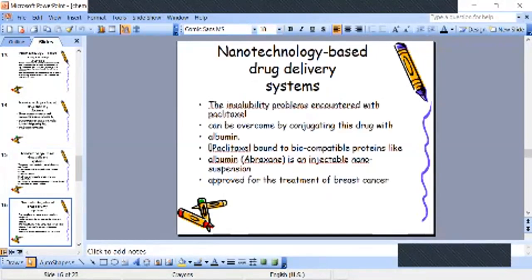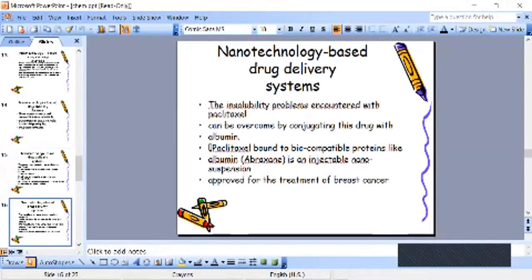The insolubility problems encountered with paclitaxel can be overcome by conjugating this drug with albumin, and paclitaxel bound to biocompatible proteins like albumin is an injectable nanosuspension approved for the treatment of breast cancer.